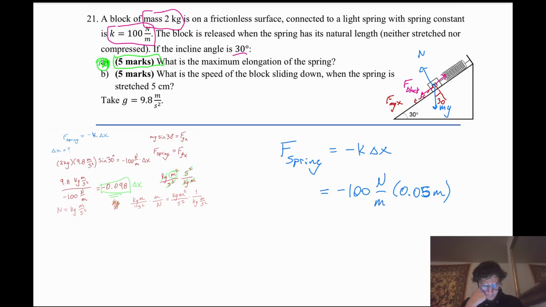This is confusing. What is the speed of the block sliding down with the spring? I'm not sure about this one, guys. But if we use the spring equation, then we can just pull the force that this block feels right now. But is that useful? How are we going to find speed?